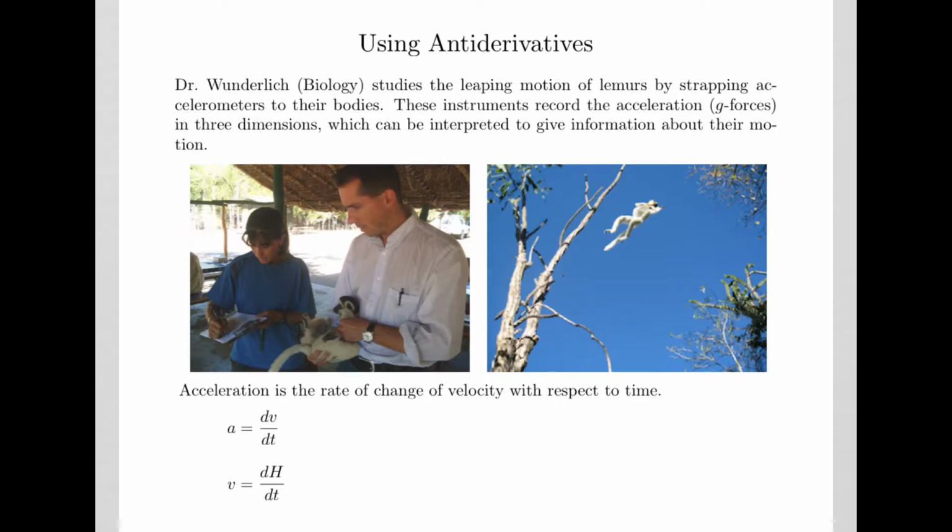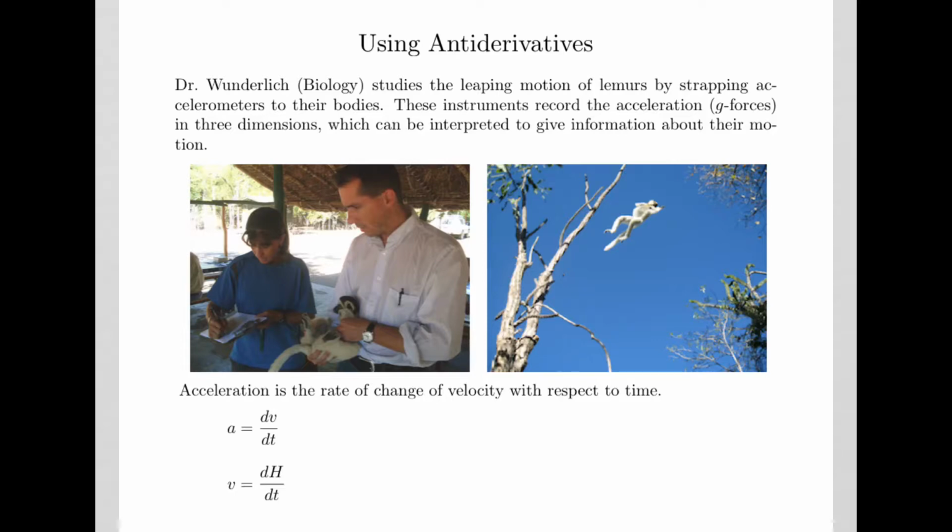As our second example of using an antiderivative to solve an applied problem, I wanted to tell you about someone here at James Madison University, Dr. Roshna Wunderlich. She's in the biology department, and she studies the mechanics of motion, and in particular, one of the things she studies are lemurs. So she has done some research where they use accelerometers.